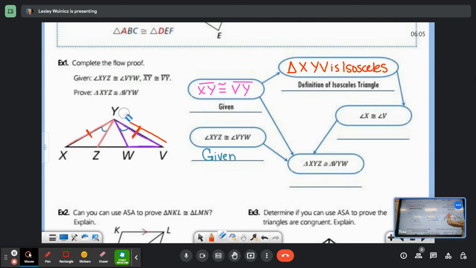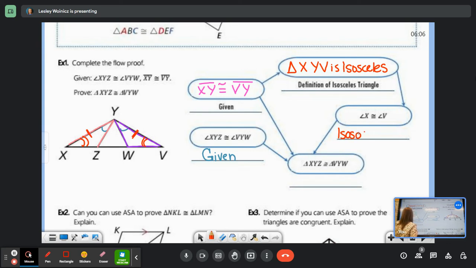Okay, I messed up my picture. It's fine. Opposite angles are congruent in an isosceles triangle. So I can say that angle YXZ, or just angle X, is congruent to angle V. Let me mark those with 2 so I don't get them confused with my other congruent angles. And I know that because of the isosceles triangle theorem.